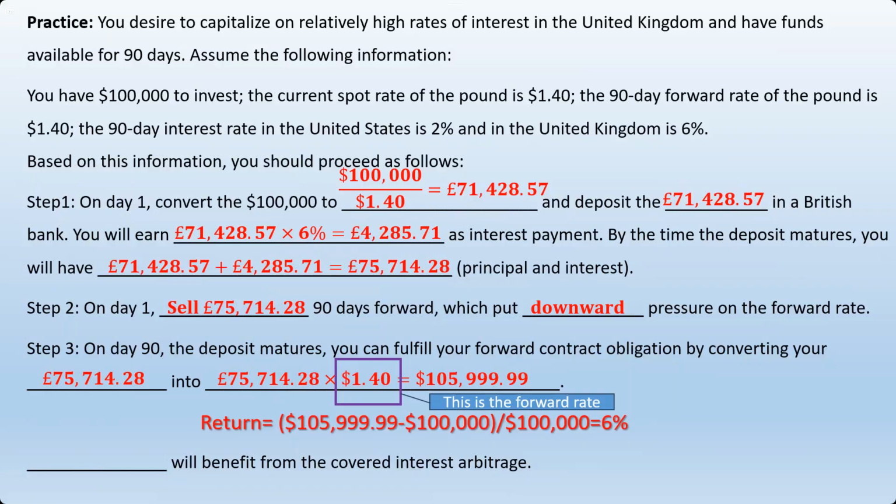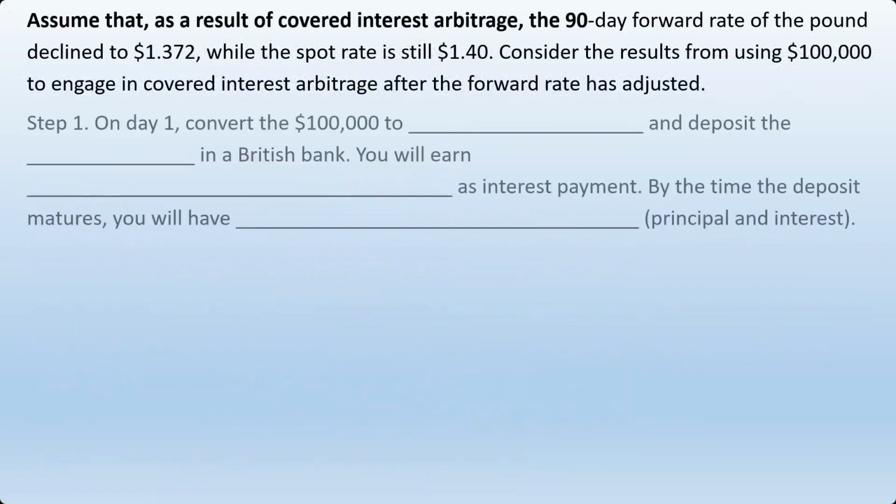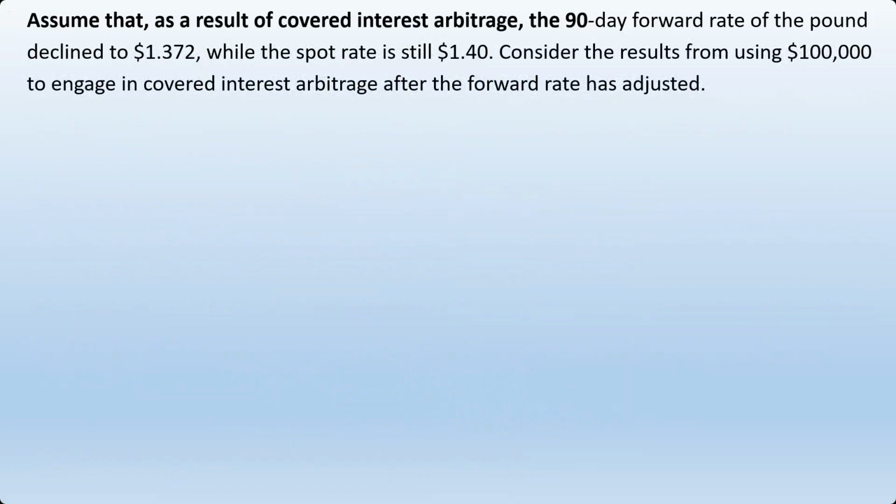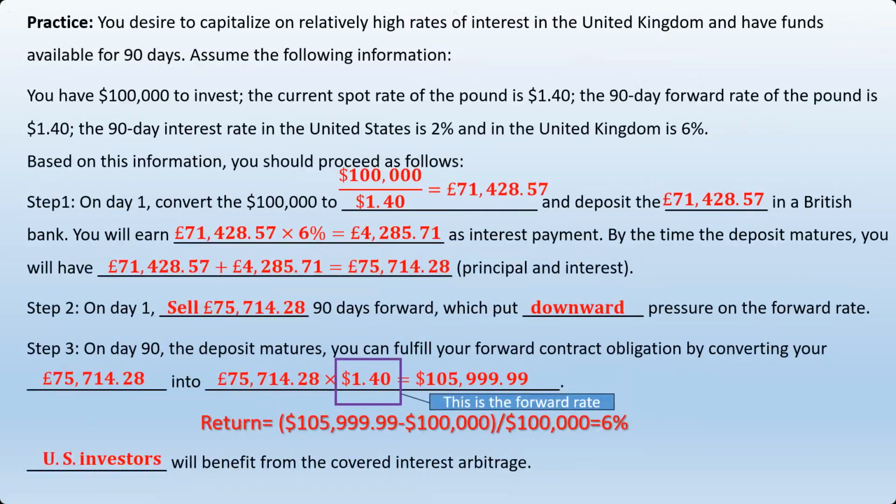So, the US investor will benefit from the covered interest arbitrage. The reason is that the British investor can invest domestically and earn the 6% rate. As we know, by continuing to sell forward contracts, the British pound forward rate goes down.